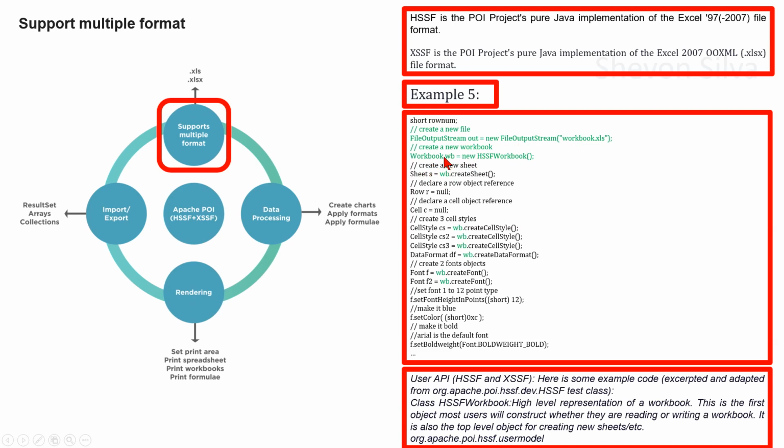Create a new sheet. Declare a row object reference. Declare a cell object reference. Create 3 cell styles. Create 2 font objects.